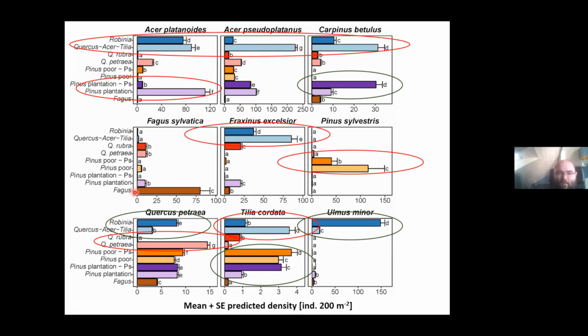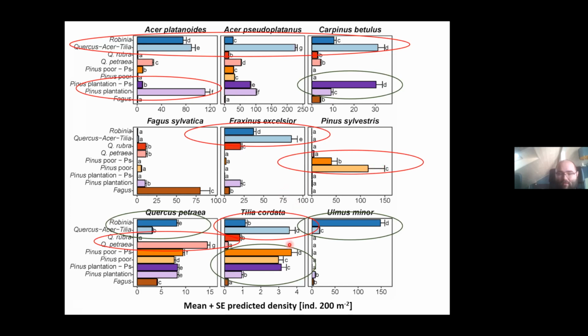Also, we found that ash and lime were negatively affected by Robinia. We found that in the stands with Prunus serotina, the regeneration of Pinus sylvestris is lower than in stands of Pinus sylvestris without it.